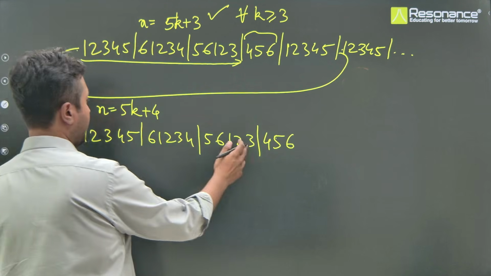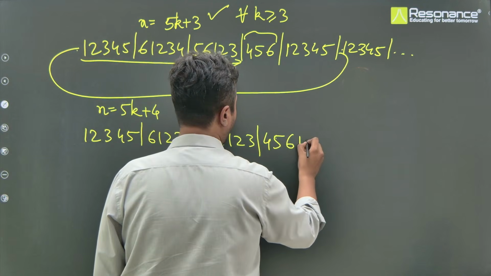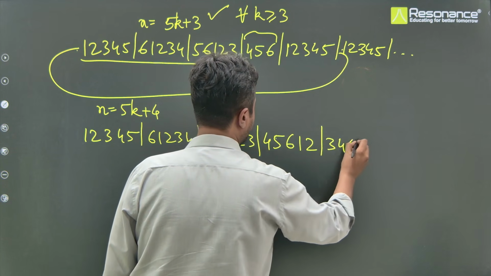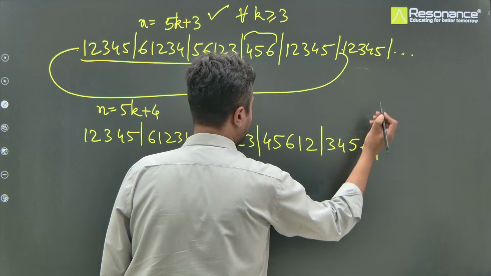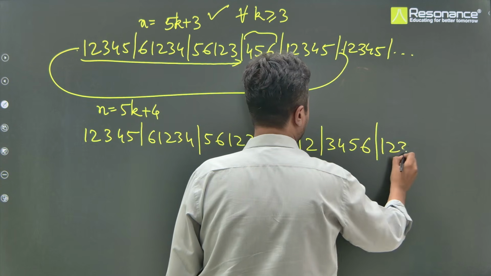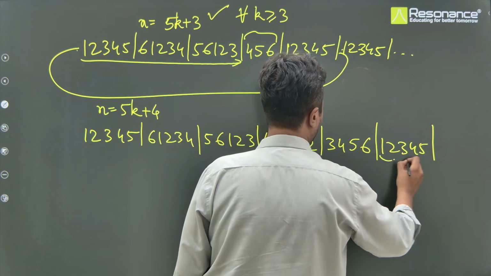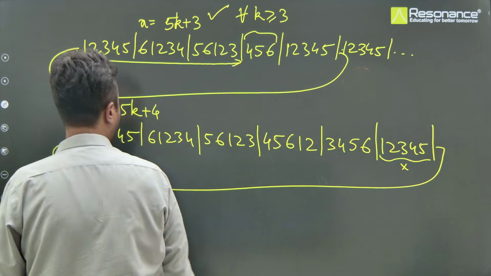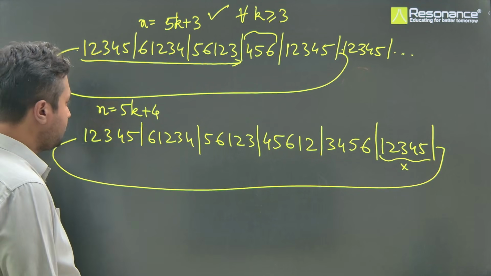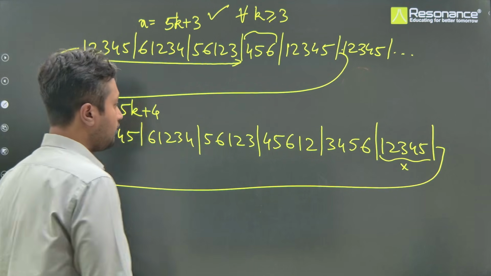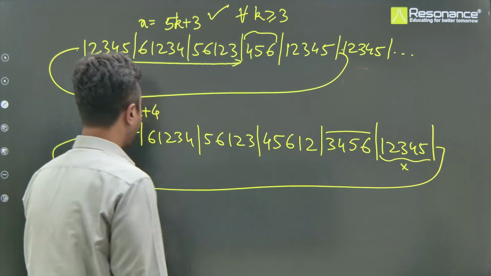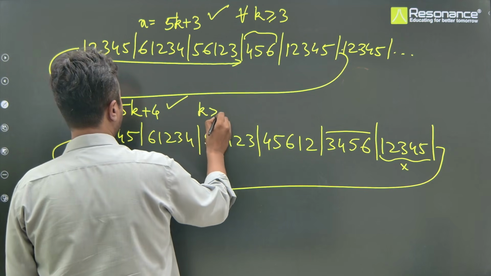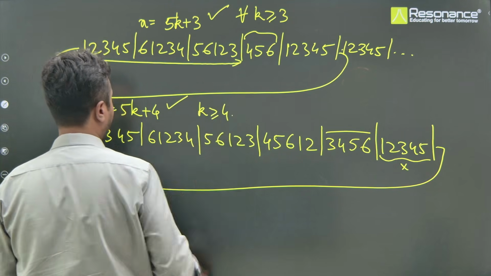Okay, never mind. So we have 4, 5, 6, 1, 2, and then 3, 4, 5, 6. You can just leave it like that. And then 1, 2, 3, 4, 5, 1, 2, 3, 4, 5. You keep repeating this however many times you want. Now that's a valid coloring. But here it seems like you need quite a bit to get this thing. You need 1, 2, 3, 4. So these things are colorable provided k is at least equal to 4.